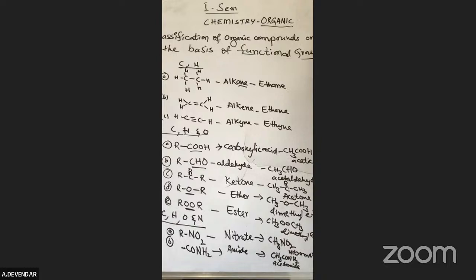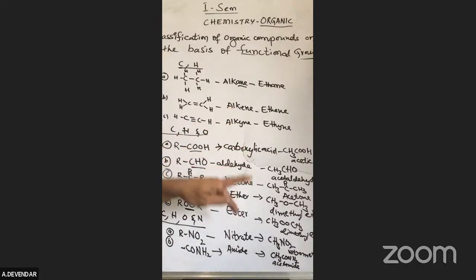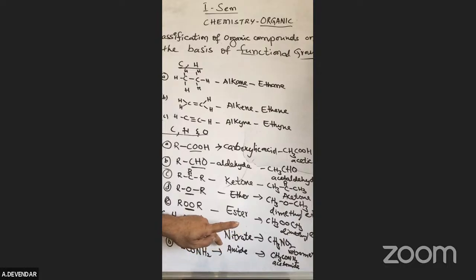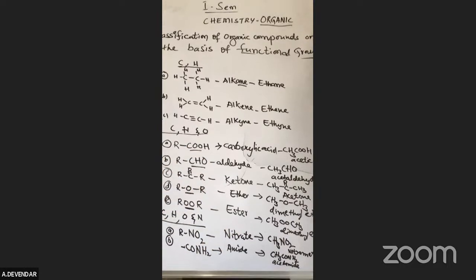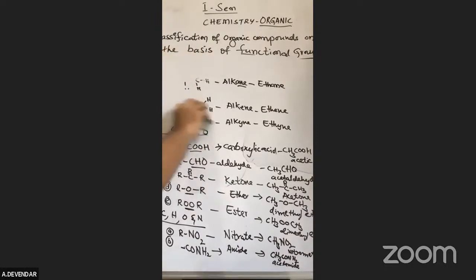So how are they classified on the basis of the functional group? These are the main important functional groups: carboxylic acid, aldehyde, ketone, ether, ester, nitrate, amide. These are the important ones. Next, the fourth classification.